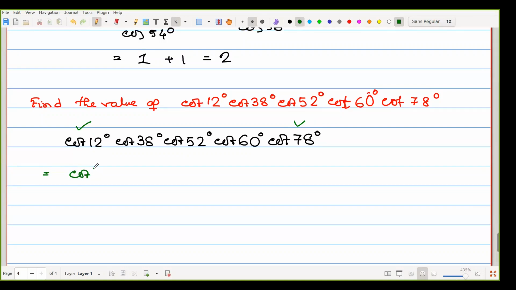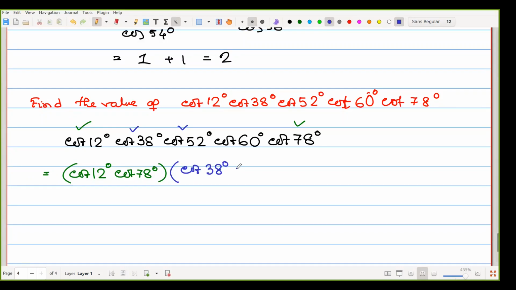These two, next two, because 12 degree plus 78 degree means 90 degree. That's why I have written. Next one, cot 38 degree and cot 52 degree.